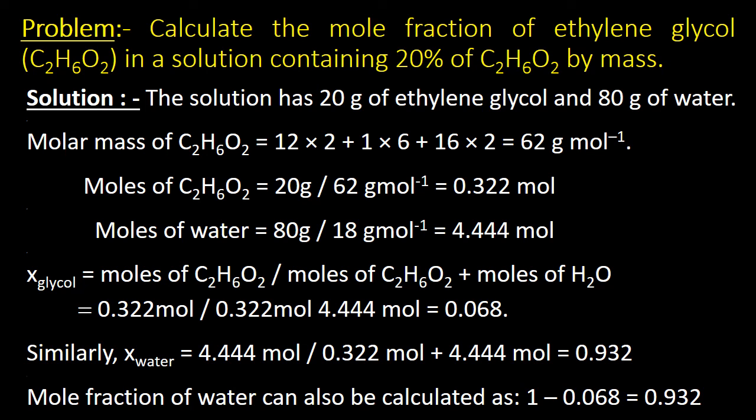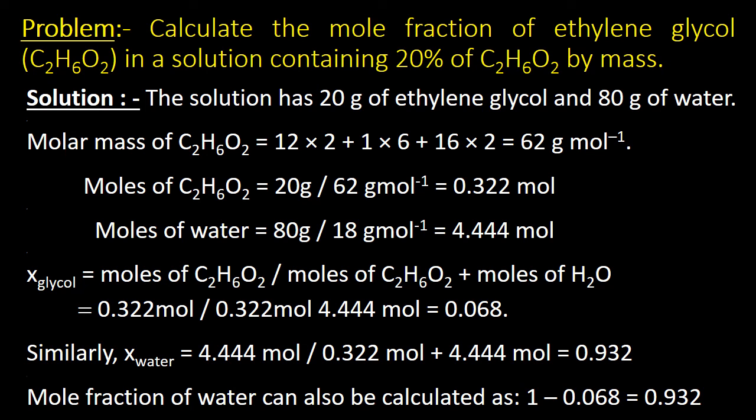Similarly, mole fraction of water can be calculated as number of moles of water, that is 4.444 mole, divided by number of moles of both the components, that is number of moles of ethylene glycol, 0.322, plus number of moles of water, 4.444 mole, which is equal to 0.932.